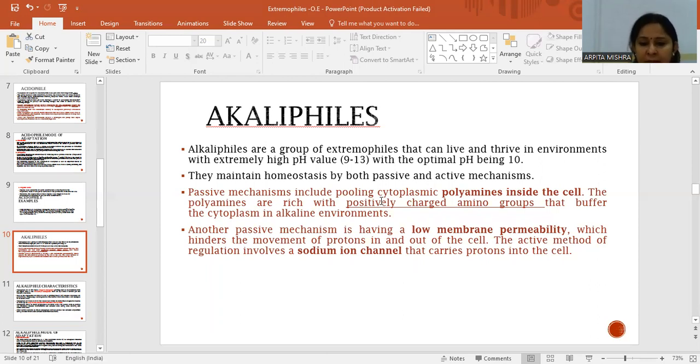These polyamines are rich in positively charged amino groups that buffer the cytoplasm in alkaline environments. Now, another passive mechanism is having a low membrane permeability, which hinders the movement of protein in and out of the cell. The active method of regulation involves a sodium ion channel that carries protons into the cell.